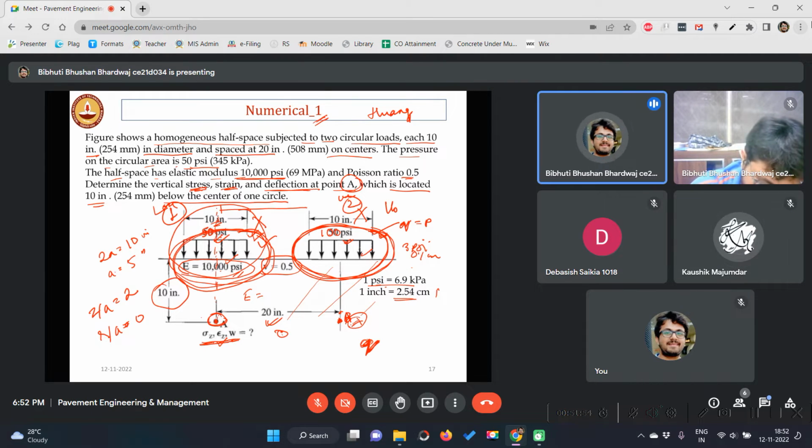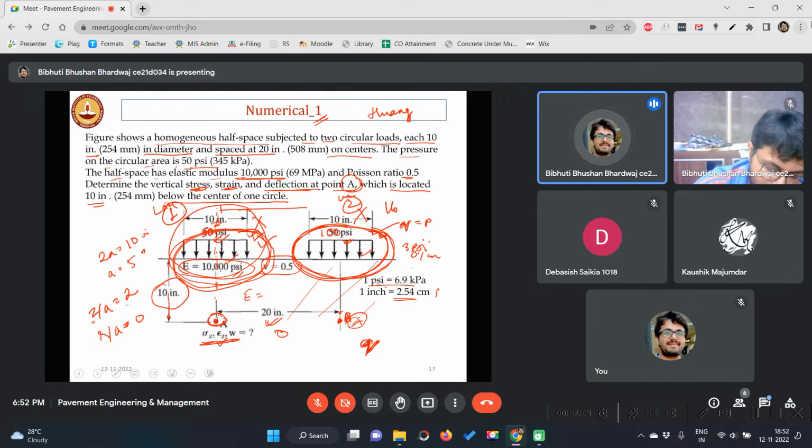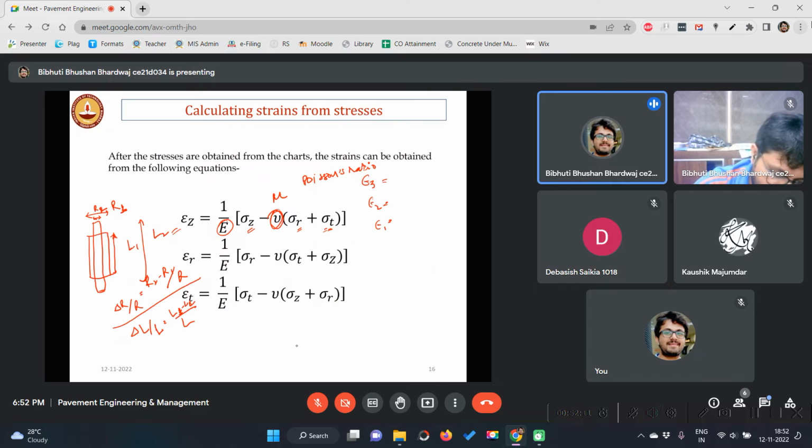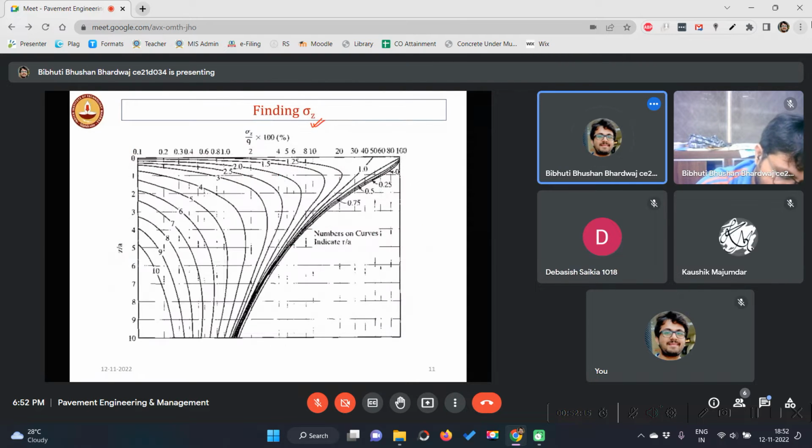Z by A we already found out, this is 10, so 10 by 5 it's 2. So R by A is 0, Z by A is 2. Now because of these values, can you find what will be sigma Z?